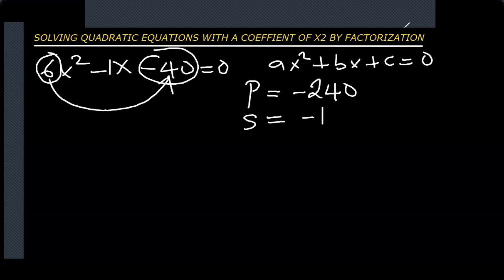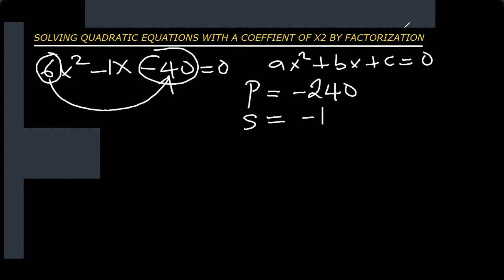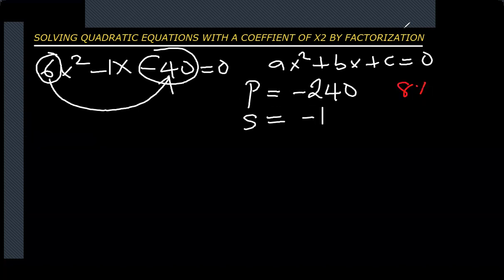Which two numbers could we possibly multiply to give us 240? Now let's try all the possibilities. Let me use a different color. We can either have 8 times 30, that's 240, or 80 times 3, that's 240.